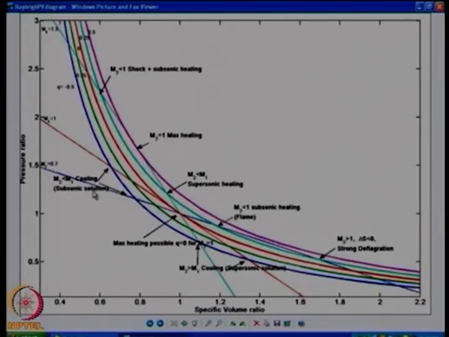If you go along the Rayleigh curve, I am going away from M equal to 1. That is happening along this line. If I keep on increasing my delta Q, it is going to go this way more and more. I am more and more cooling, it is going to go more and more far away from M equal to 1. Okay, and you can say that M2 is less than M1, and that is the cooling situation. That will start happening. That is one case.